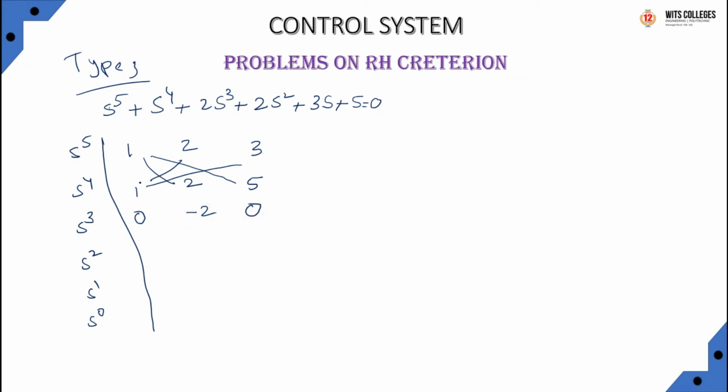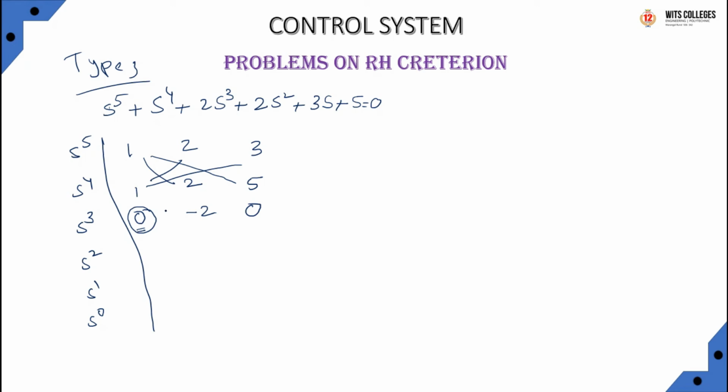Here the first column element of the s power 3 row is 0. If we multiply this 0 with these values, we will get 0 values, but that is not correct. For this type of problem, instead of 0 we consider some constant value, and using that constant we find the stability of the system.